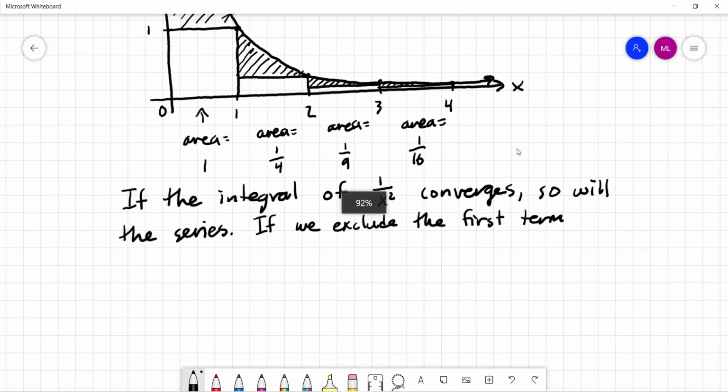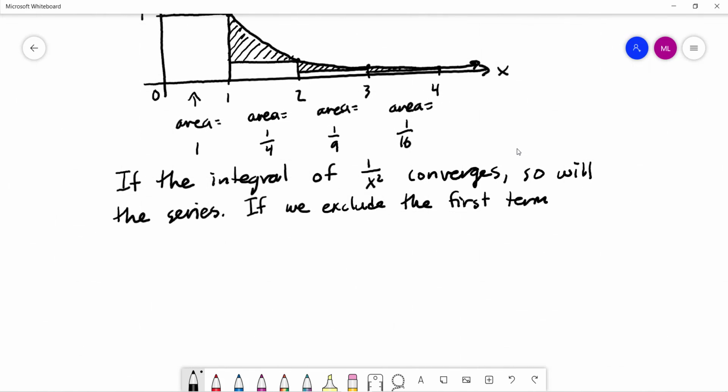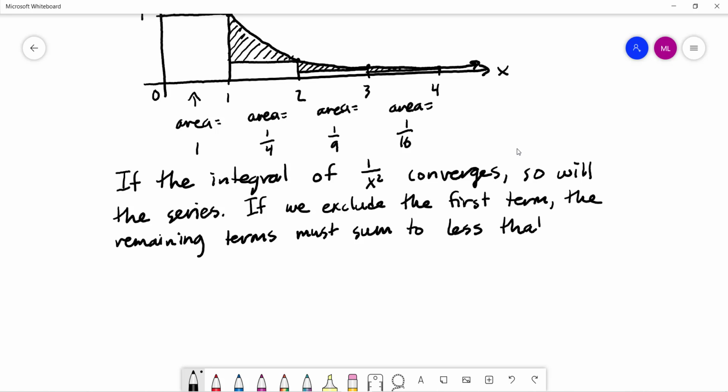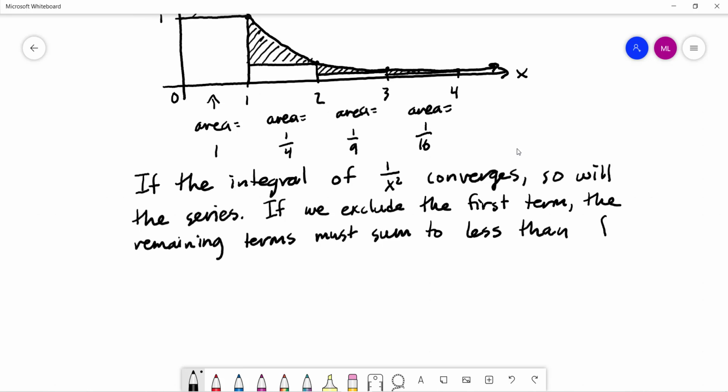zoom out so we can actually get this all on the page at once. If we exclude the first term, the remaining terms must sum to less than the integral from 1 to infinity of 1 over x squared dx.